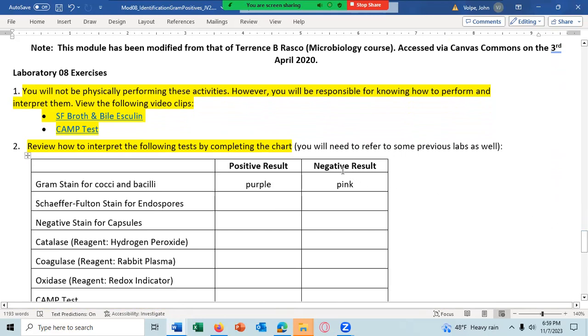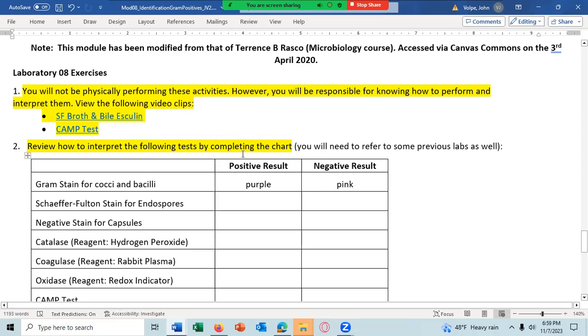All right, you're not physically going to be performing any of these activities, but you will be held responsible for knowing how to perform and interpret them. View the following video clips on the SF broth and the bile esculin test, as well as on the CAMP test. And then review how to interpret the following tests by completing this chart.